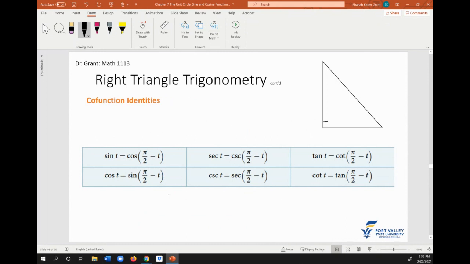So let's say we have our 90-degree angle here, and we have an angle, let's say this is t. If we want to put it in the cofunction identity form, we know that 90 degrees is going to be equal to, let's put it in radians.